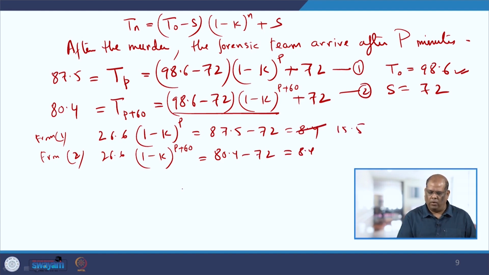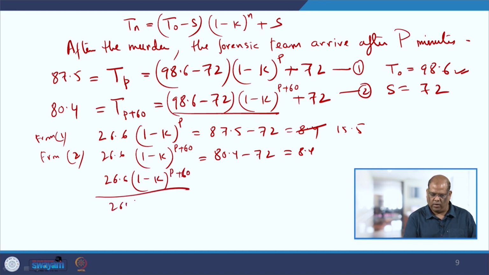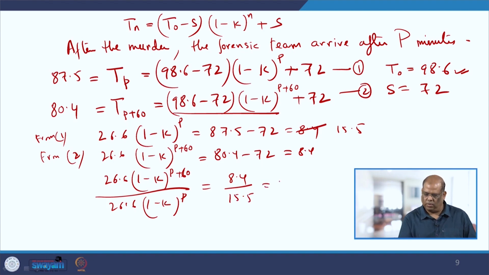Okay, so now what you do is you just divide. So, I will divide 26.6 into (1 minus k) to the power p plus 60 by 26.6 into (1 minus k) to the power p, which is equal to 8.4 by 15.5. It's approximately 0.542, and this cancels with this part.